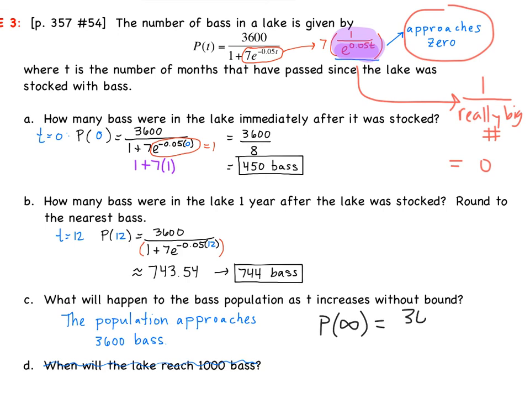We end up with 3,600 over 1 plus 7 times 0, because this 1 over e to the 0.05t becomes 1 over a really big number, which is just 0. As we simplify, we end up with 3,600 over 1, because the 7 times 0 goes away. And so our final answer is that the population approaches 3,600 bass.